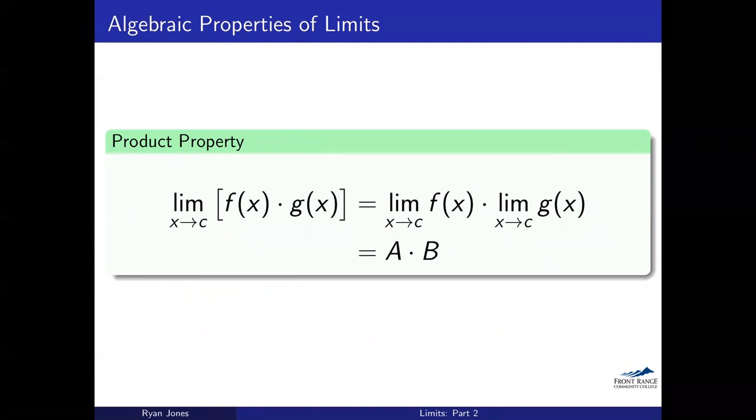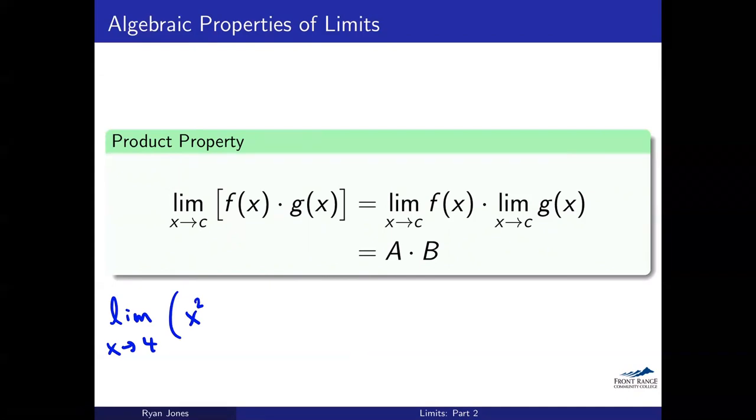If you have one limit with two functions and those functions are being multiplied together, you can separate those into two different limits. That can be very helpful, especially because we've mostly been doing limits graphically so far. Let's say I gave you a limit that was written as such: limit as x approaches 4 of x squared.